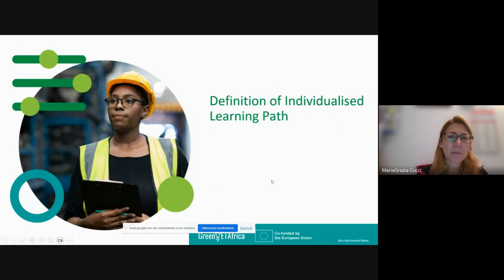So last time we talked about individualized didactical plan for students with special educational needs. In this part, we are talking about general path. These paths are of course valid also for students with special educational needs, but more generally are for everybody because they are long-term path.